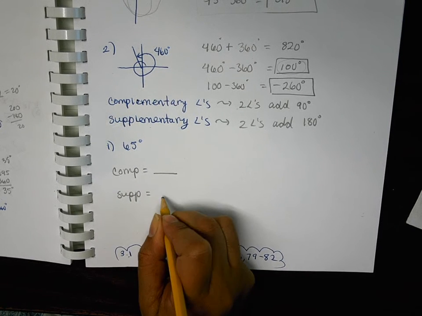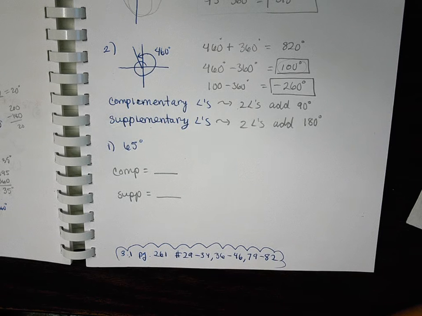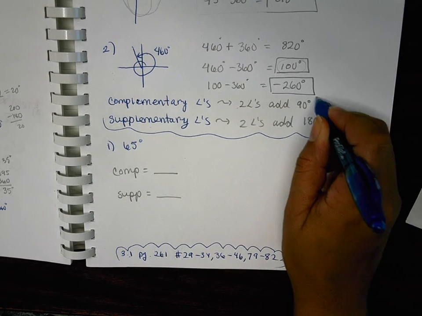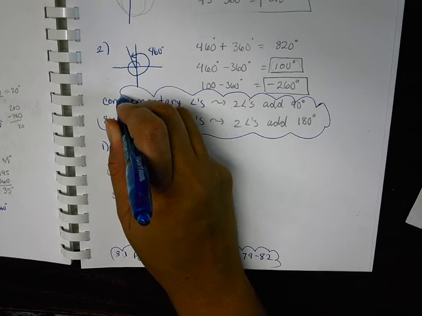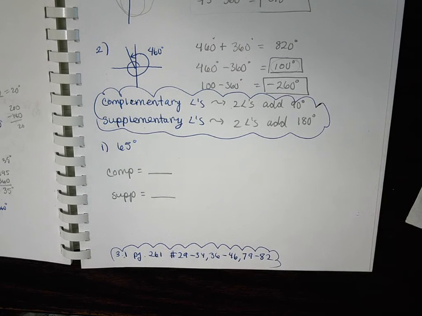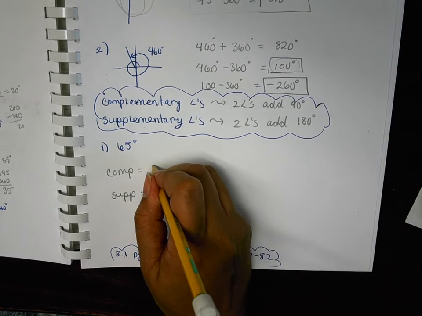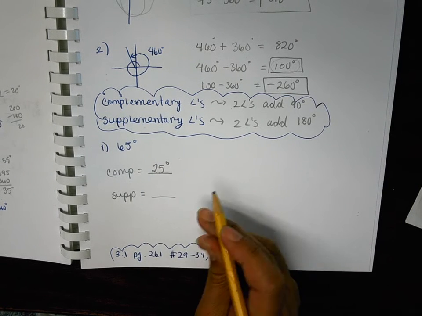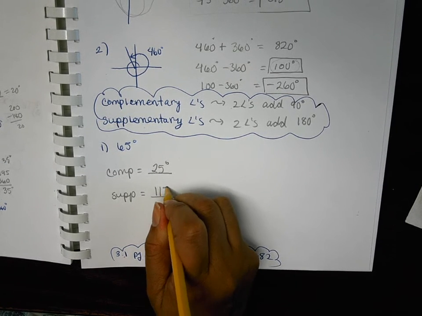I'm going to give you guys a few seconds to do that. All right, complementary is what? 25 degrees, and supplementary is 115. Any questions on that one?